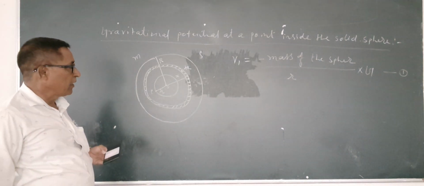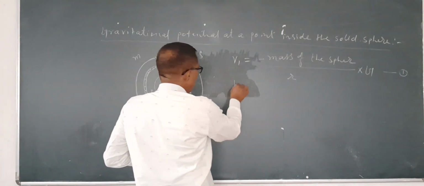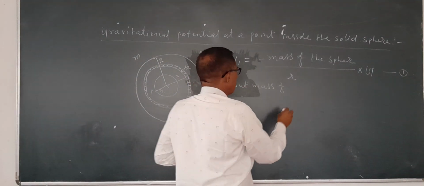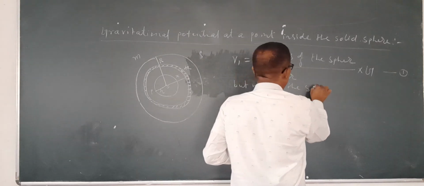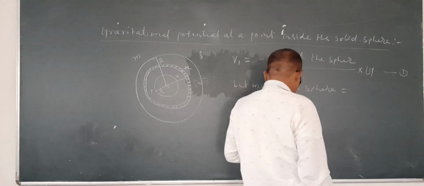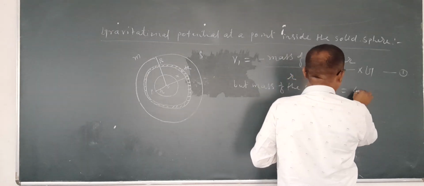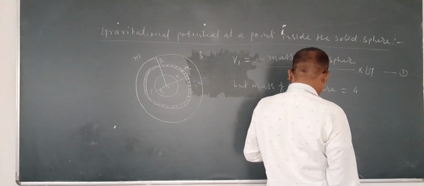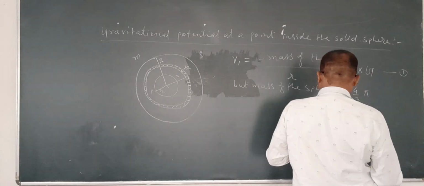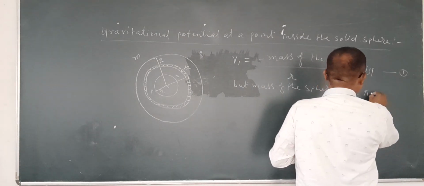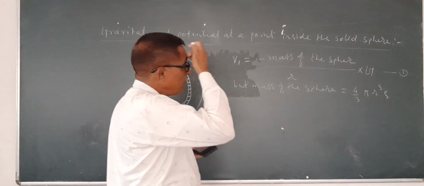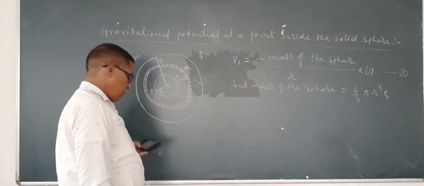The mass of the sphere equals 4 by 3 pi r cube rho. This is the formula for the mass of the sphere.